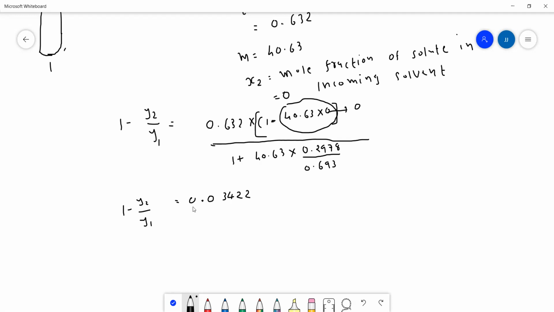This is the fractional solute removed from the Venturi scrubber. From that, you can also determine the concentration of Y2 at the outlet. All right.